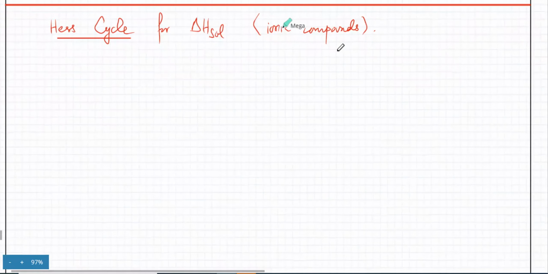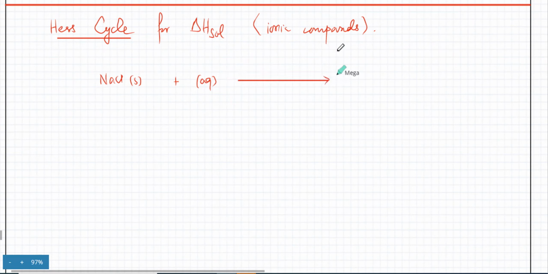So the cycle is that enthalpy of solution is when you have 1 mole of NaCl solid, you mix it in water and it turns into NaCl aqueous. So this entire process is enthalpy change of solution. The ions get dissociated: Na+ becomes aqueous, and you have Cl- and they're also aqueous.